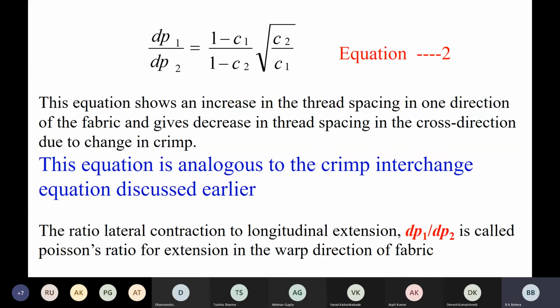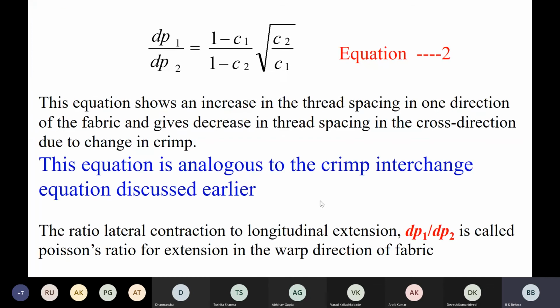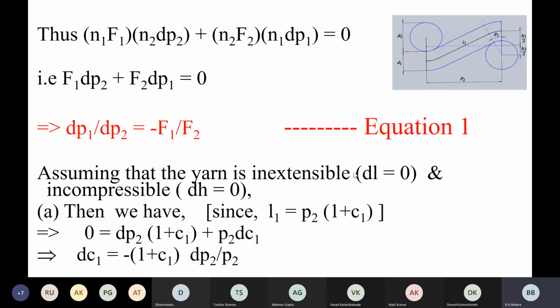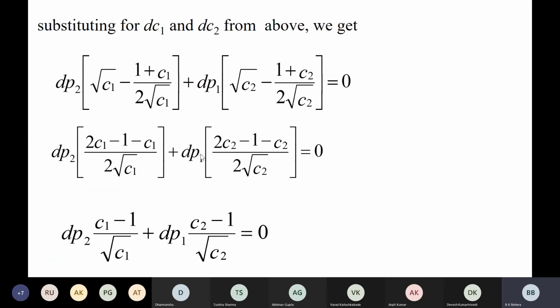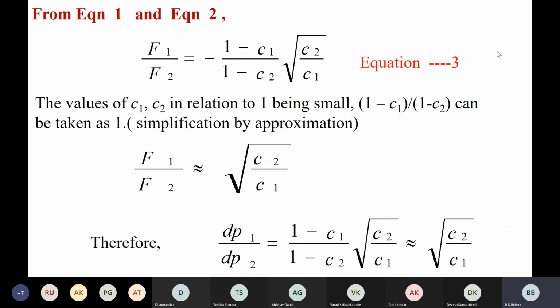Now I am changing the slide. So this was your equation number 2. This was your equation number 1. Here dP1 over dP2 is this. Here dP1 over dP2 is this. From equation number 1 and 2, you can find out equation number 3.